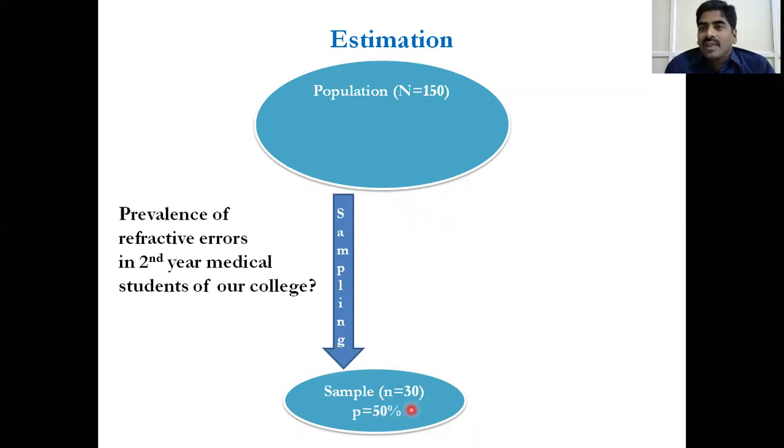What is the type of data, refractive errors? I will open a chart. You can tell me, refractive errors present or not. What is the type of data? Quantitative or qualitative?